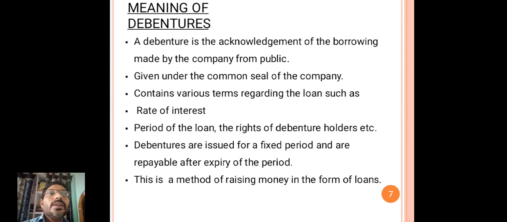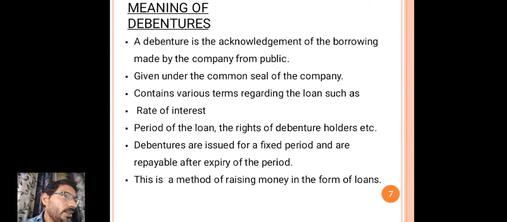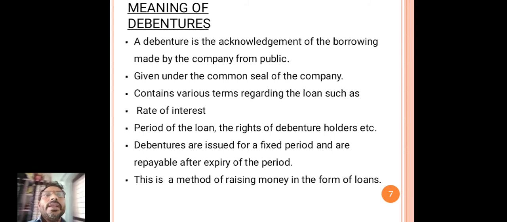In the case of a debenture, it is the acknowledgement of the borrowings made by the company from the public. It is a kind of loan from the general public, paying a rate of interest and repayable at a certain period of time, given under the common seal of the company.